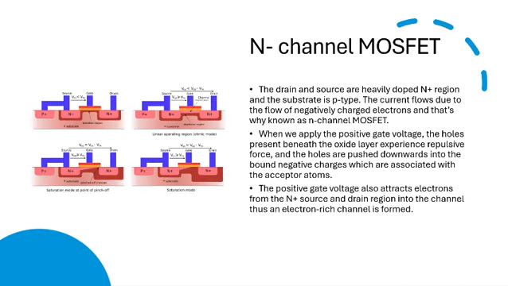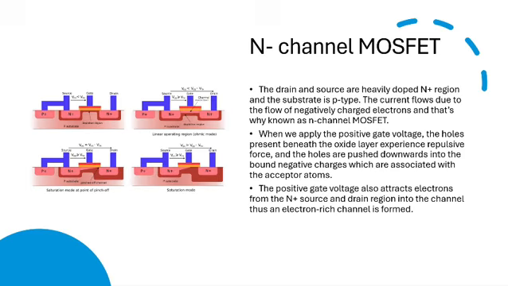N-channel MOSFET. The drain and source are heavily doped N-plus regions and the substrate is P-type. The current flows due to the flow of negatively charged electrons, and that is why it is known as an N-channel MOSFET.